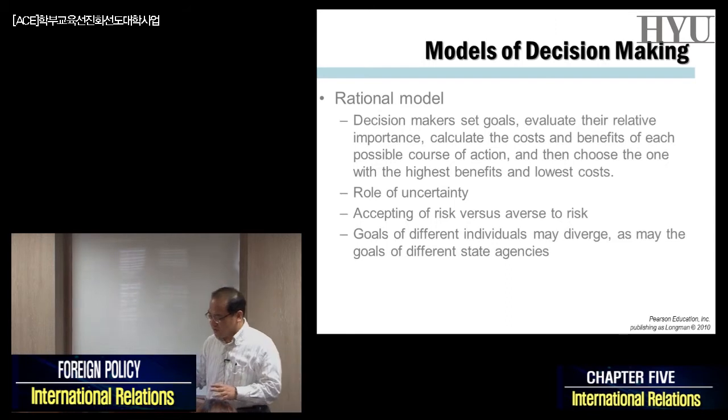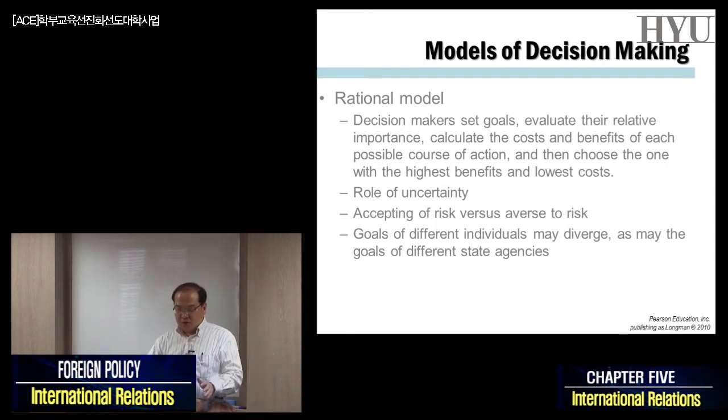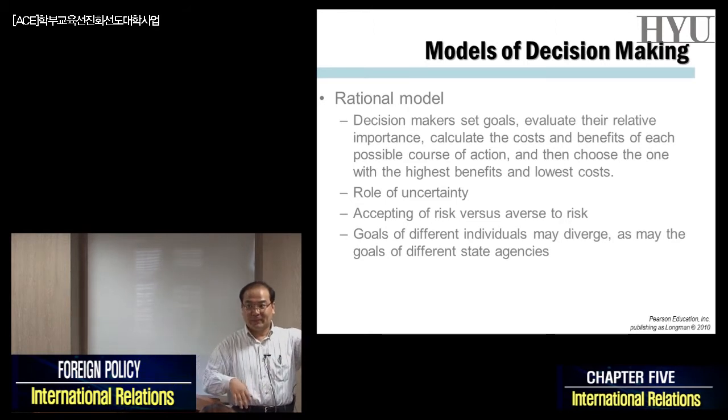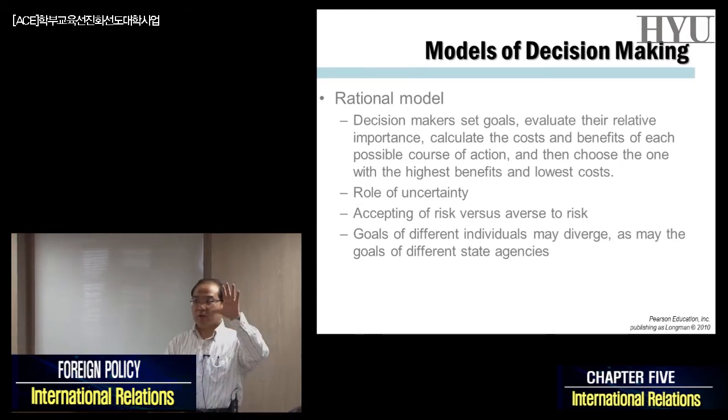In making decisions, decision makers sometimes put a reference point, okay, or some historical analogy.